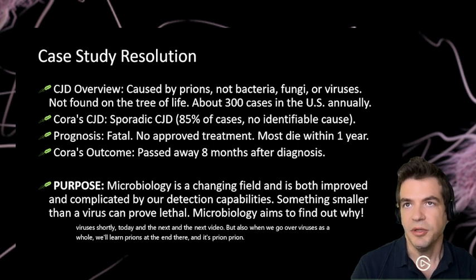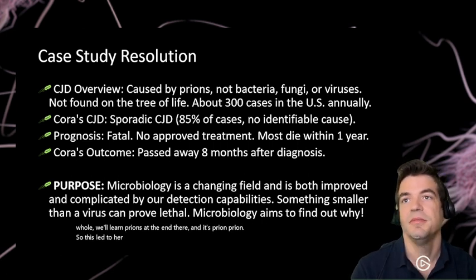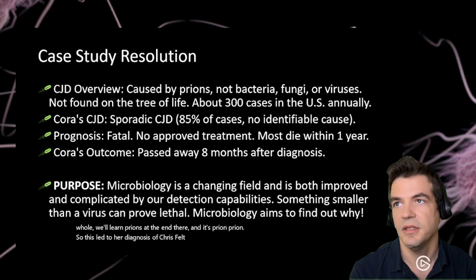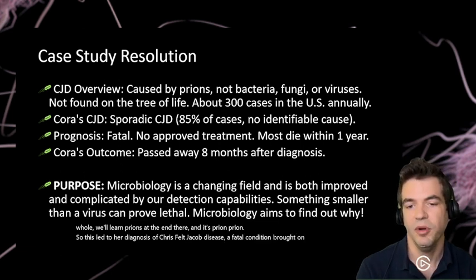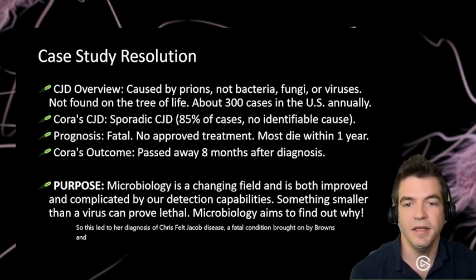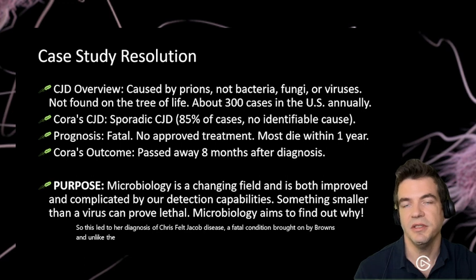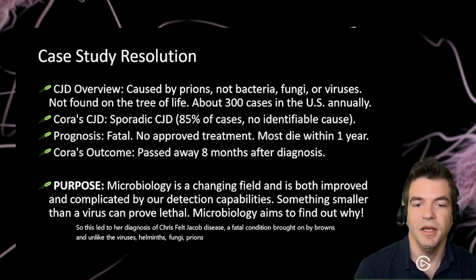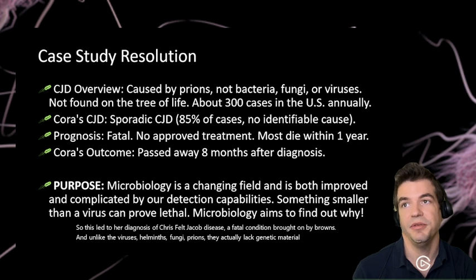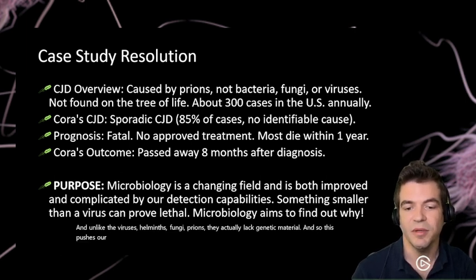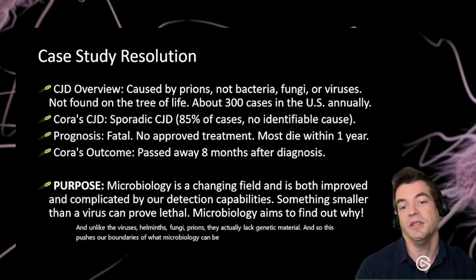So this led to her diagnosis of Creutzfeldt-Jakob disease, a fatal condition brought on by prions. And unlike the viruses, helminths, fungi, prions, they actually lack genetic material. And so this pushes our boundaries of what microbiology can be. What is microbiology?